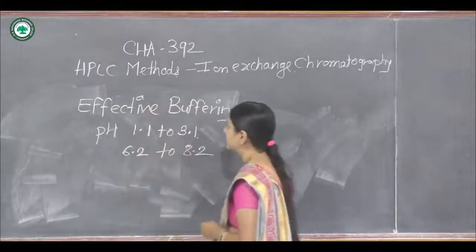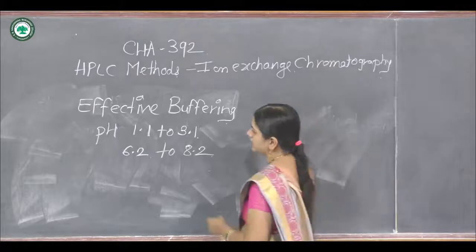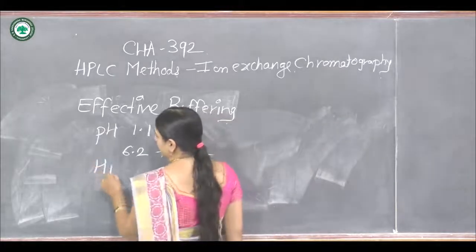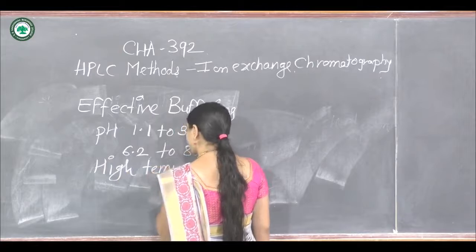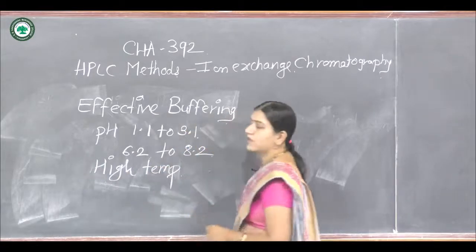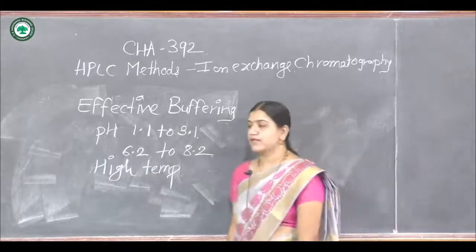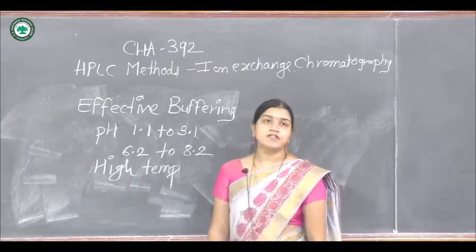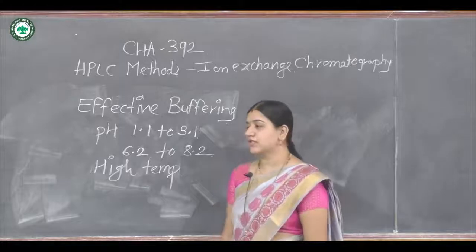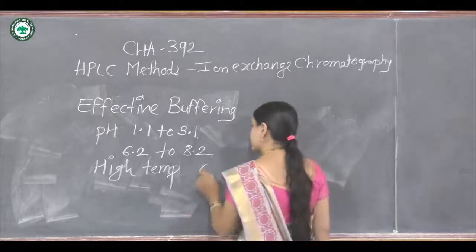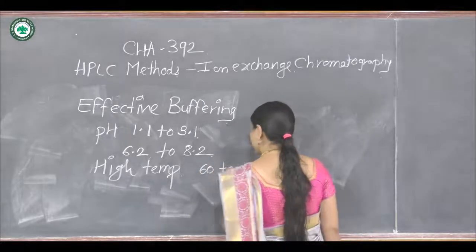Along with effective buffering, the next important thing is the high temperature. Most of the time, the temperature used in ion exchange chromatography is in the range of 60 to 80 degrees Celsius.